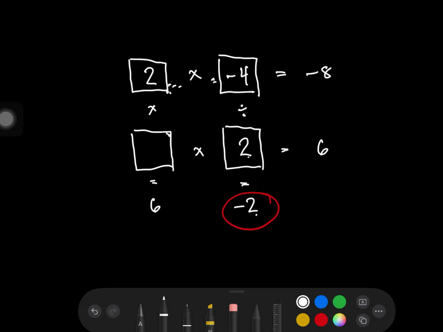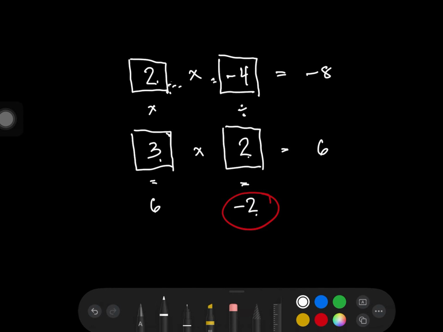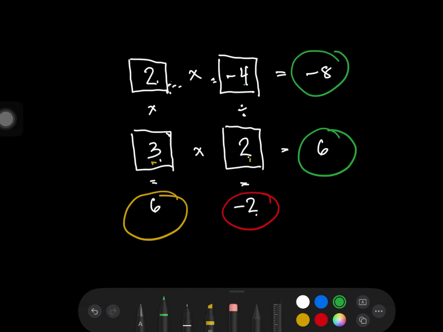All right. Now one more problem here. We can write here 2 times 3 is equal to 6. That's correct. And then 3 times 2 here is equal to 6, the same. So 2 times negative 4 is negative 8, and negative 4 divided by 2 is negative 2. So therefore, this is correct.